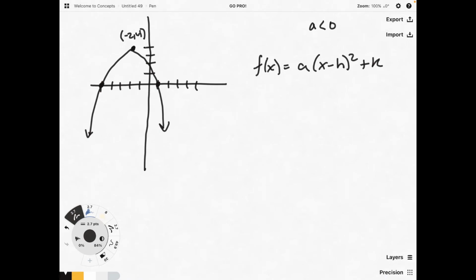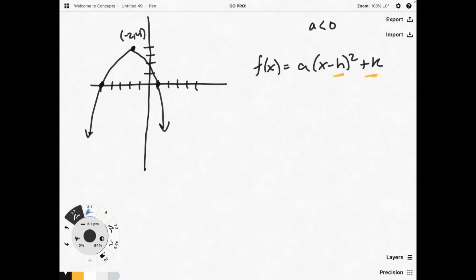And we also know that we are able to determine what our vertex is by identifying what h is and what k is. Well, we see in the graph here that they have given us the vertex, or in this case, the highest point in this graph. And that is at -2 and 4. If that's the case, then we can plug those values into this equation.